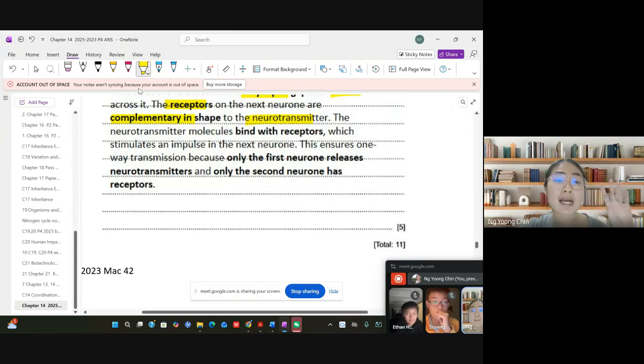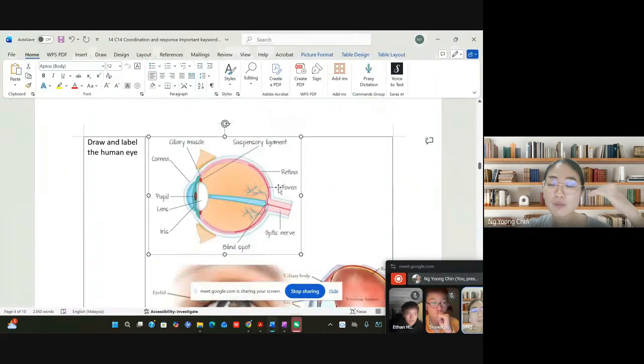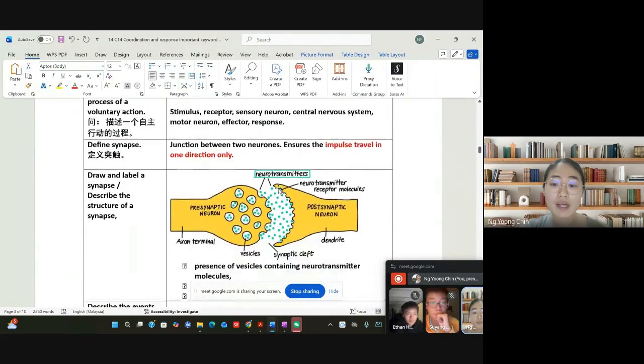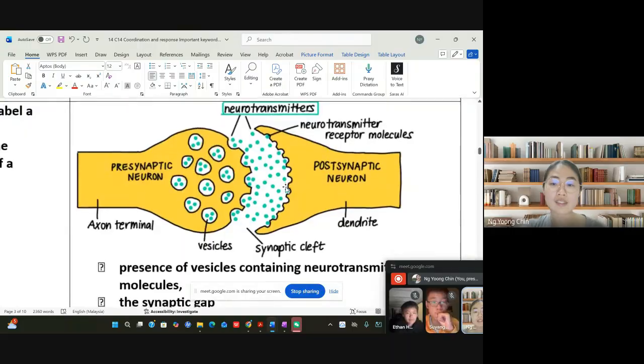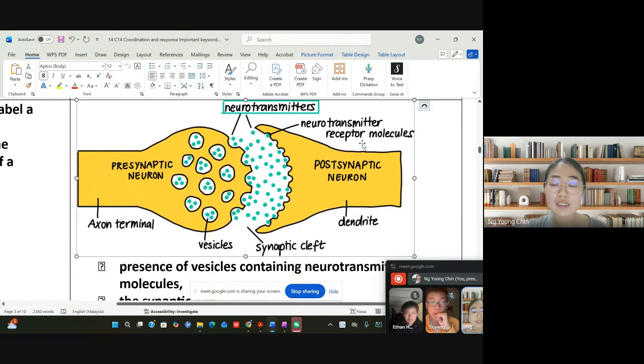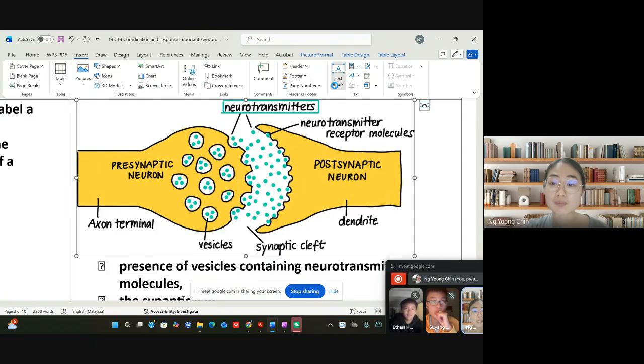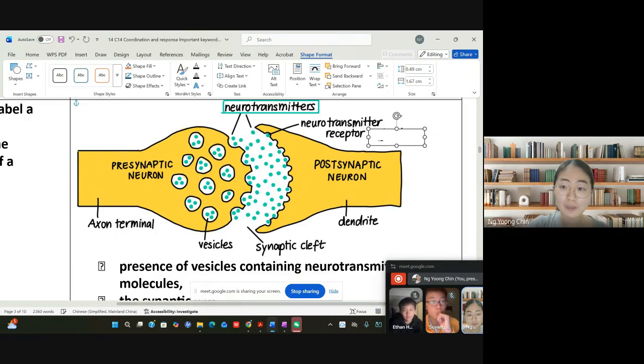Because later when it binds to the receptor protein on the post-synaptic neuron, which is this one, you can see this is the neurotransmitter receptor protein. I shouldn't call it a molecule, it should be proteins, receptor proteins.